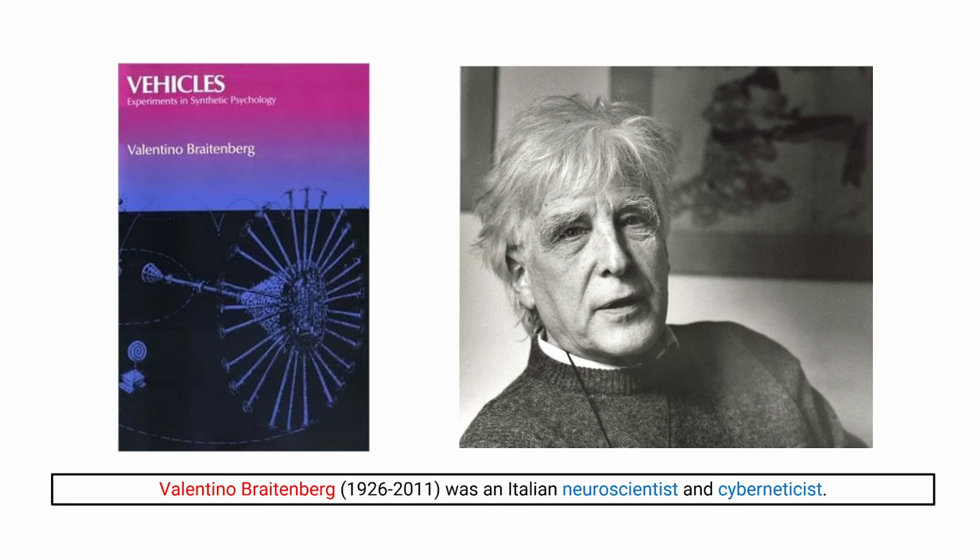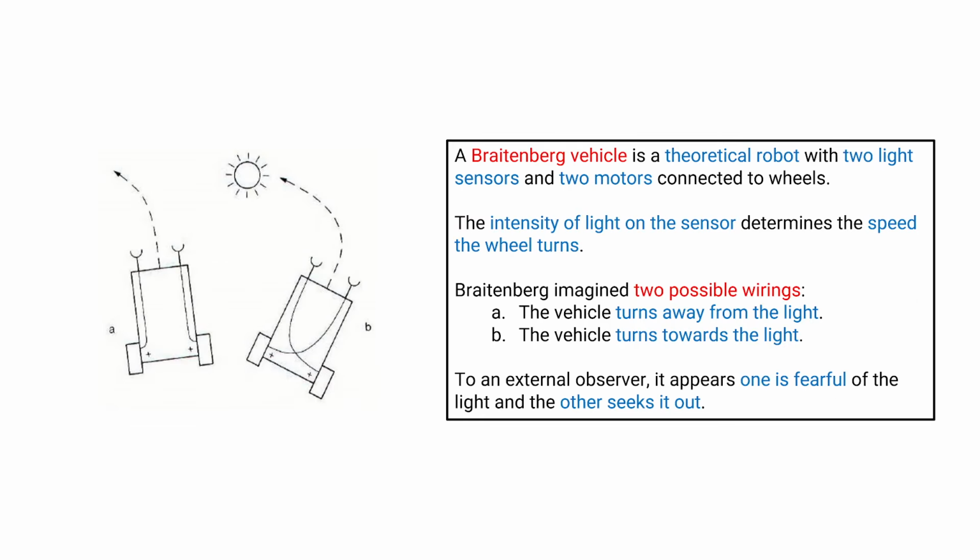And so one of his famous thought experiments involves what's called a Braitenberg vehicle, which he introduces in this work that he has here called Vehicles. And I want to introduce you to this one simple idea that he creates here.